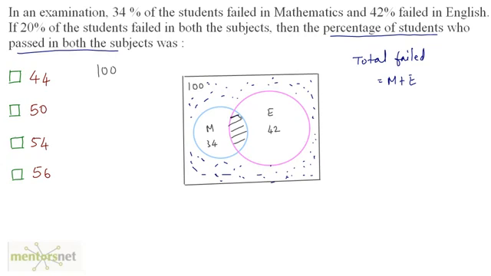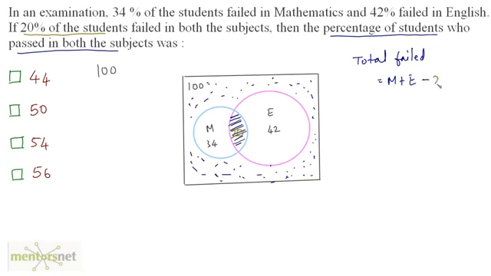When you do that, you count this area twice. That means you count the number of students who failed in both the subjects, maths and English, twice. So you will have to subtract that area at least once, and you have been given what that area is. That is 20%. 20% of the students failed in both the subjects.